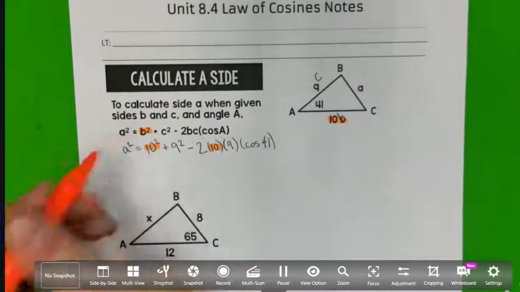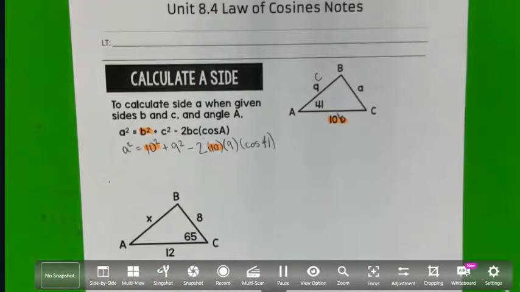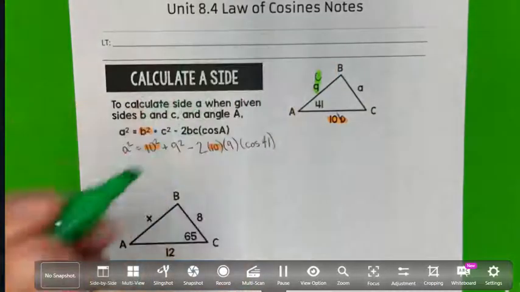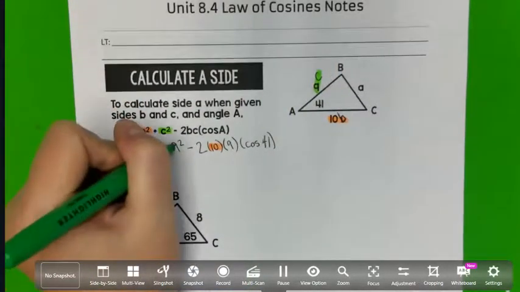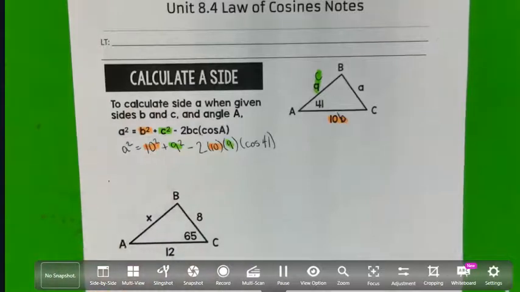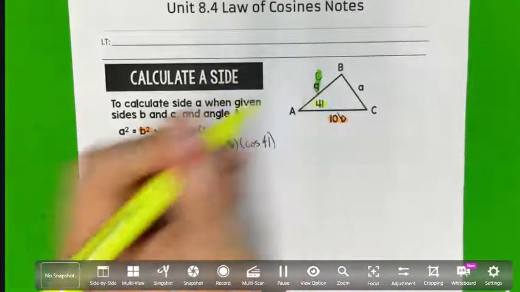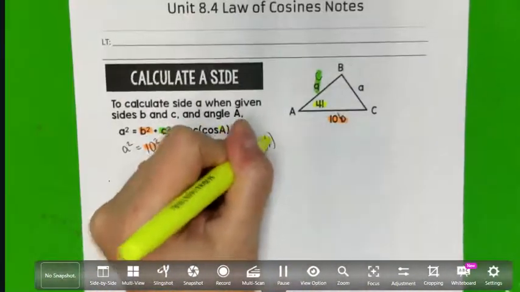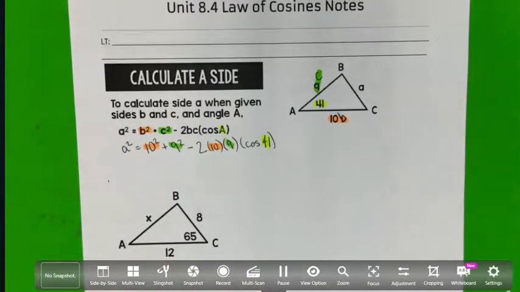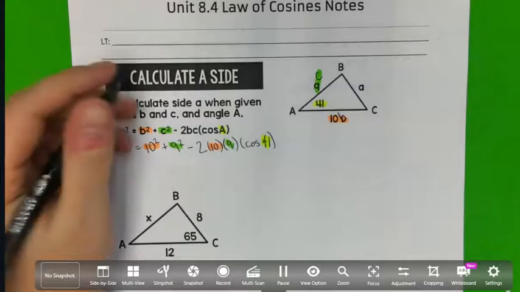Then I've got a different color for my C, which is 9, and a different color for my angle, which is angle A. So it's right there. These are where all these numbers come from. If highlighters help you, go for it. And now we are ready.